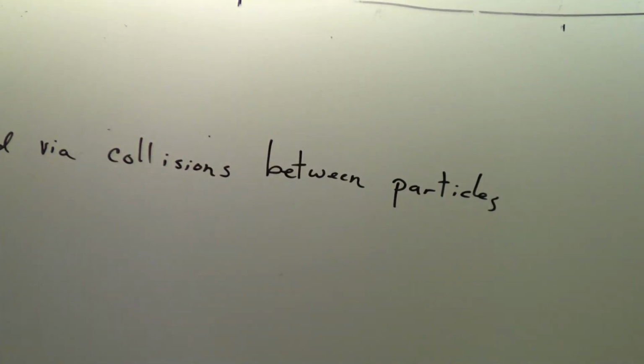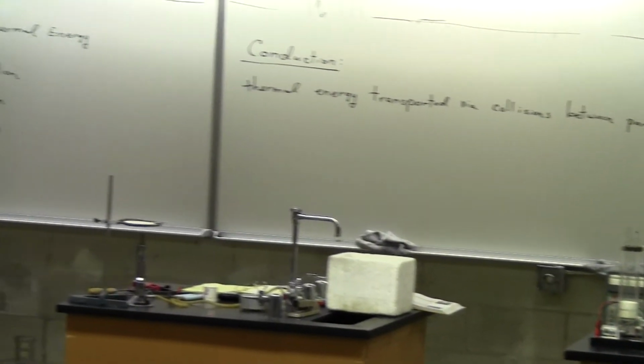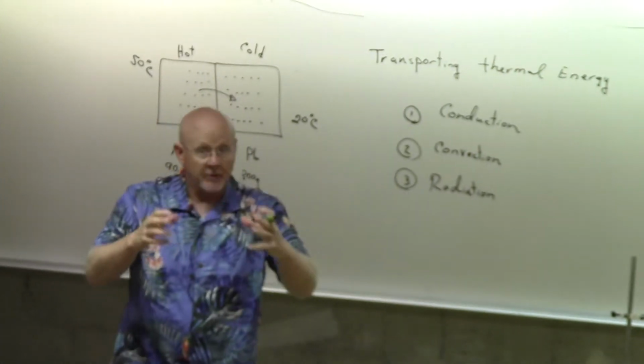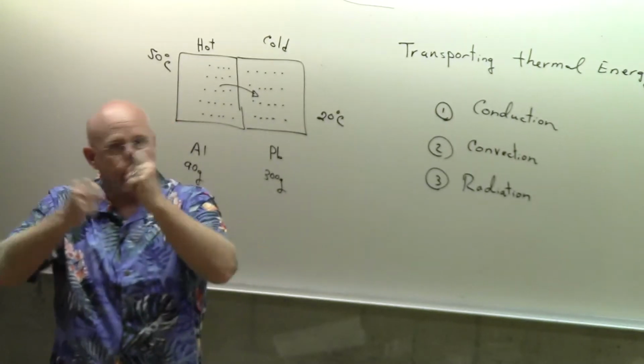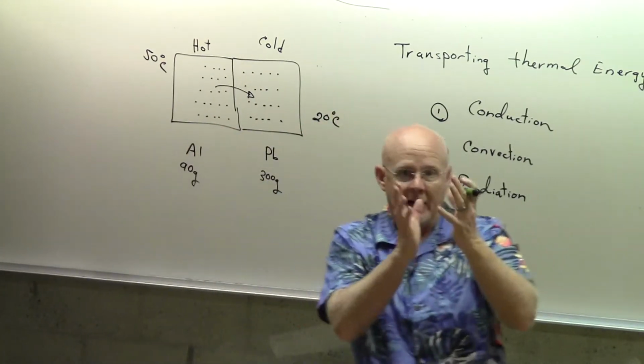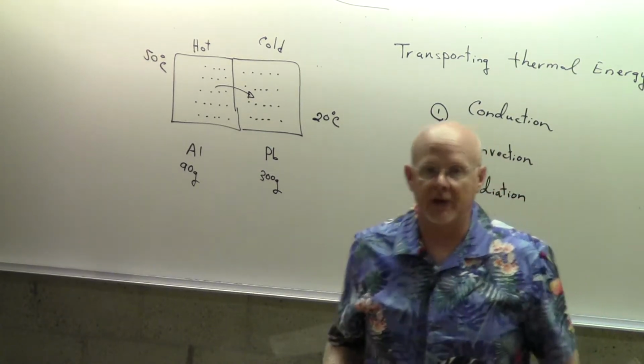But if I come back to this little drawing over here, the reason I would say that aluminum is hotter is because the atoms of aluminum, on average, the higher temperature, remember temperature has to do with average, they're moving around a little bit faster. But right next to this aluminum one are these lead ones. Now these lead ones are moving slower. That's why we say they have a lower temperature.